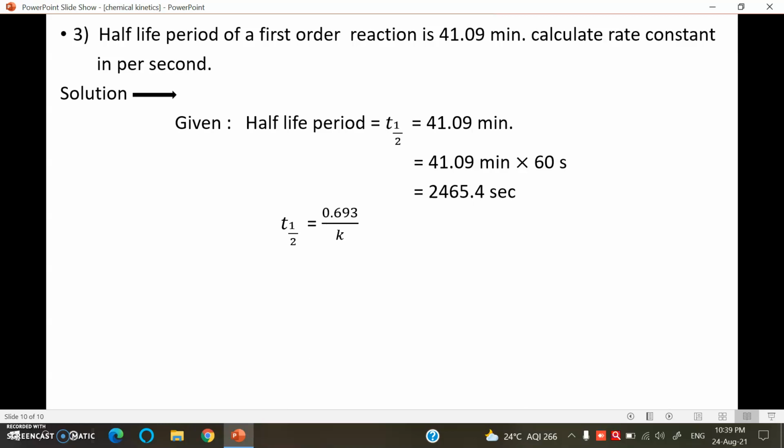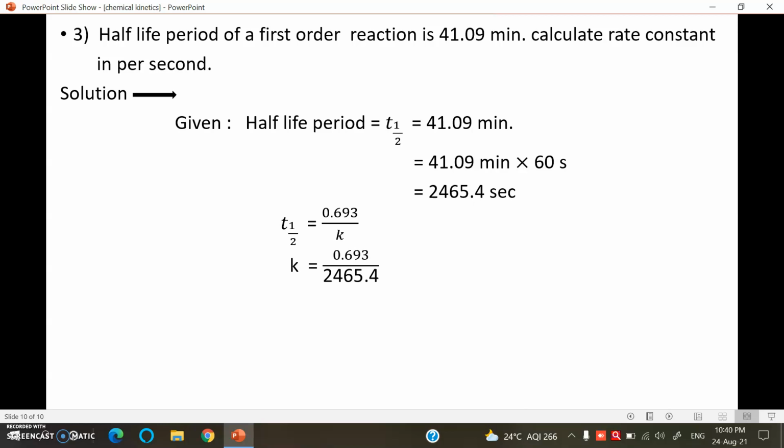To calculate the rate constant, use the formula t1/2 is equal to 0.693 divided by k. On putting the value of t1/2, k is equal to 0.693 divided by t1/2.